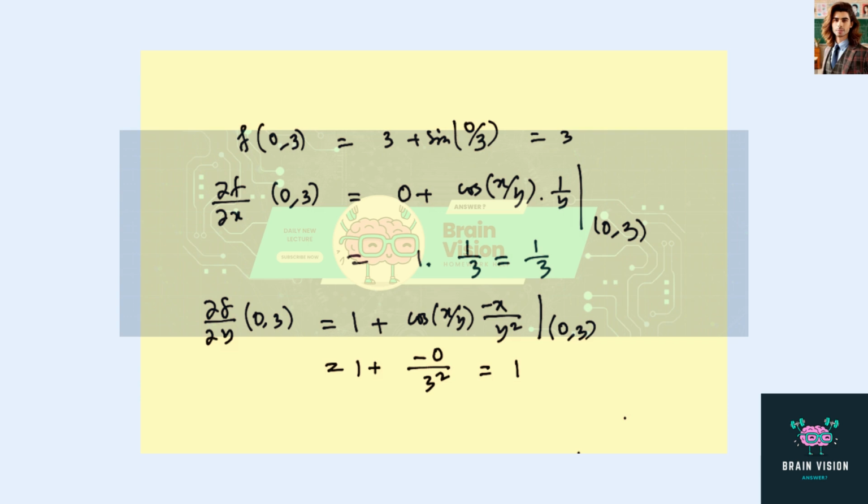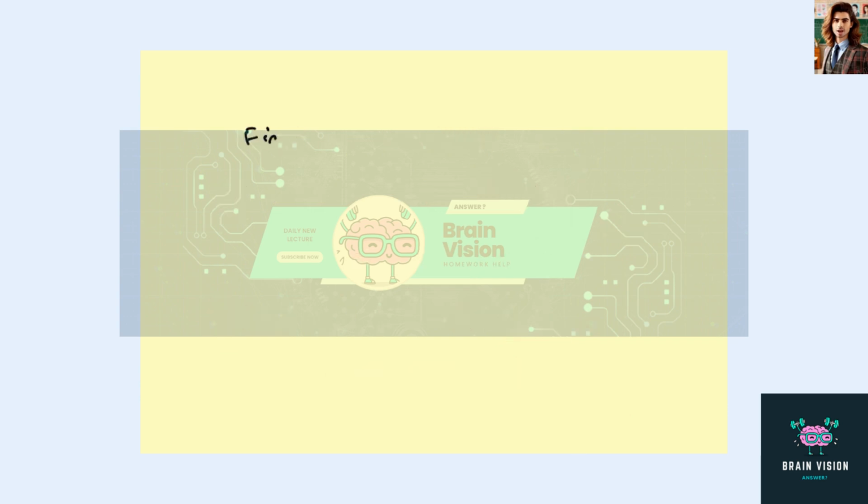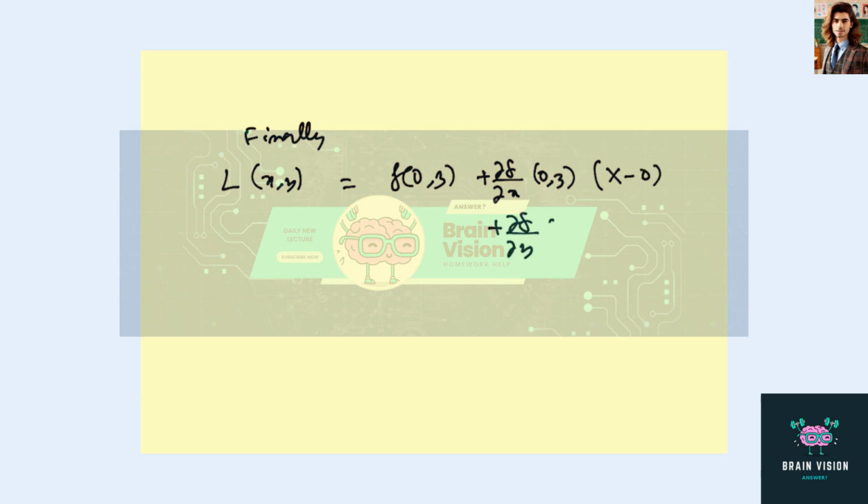Okay, so finally, what is my L of x comma y is going to be f of 0, 3 plus delta f delta x at 0, 3 times x minus 0 plus delta f delta y at 0, 3 times y minus 3.